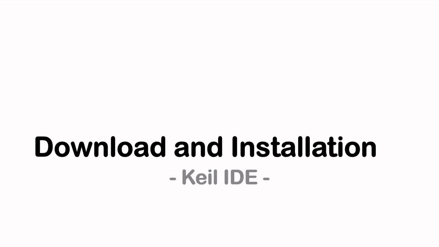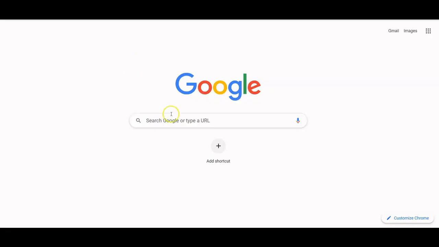Okay, so the next thing I'd like to do is to download and install the Keil IDE. To download the Keil IDE, I would suggest you just use a Google search.